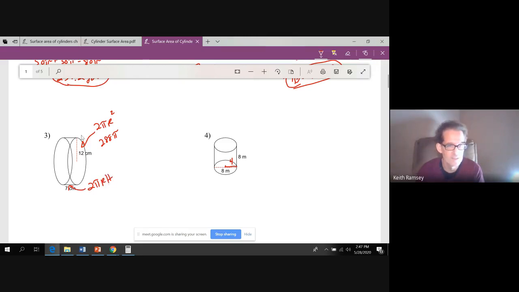And I know if my radius is 12, I know 12 times 7 is 84, times 2 is 168 pi. My last step is to add the area of the bases with the area of the lateral surface. So that means 288 pi plus 168 pi.